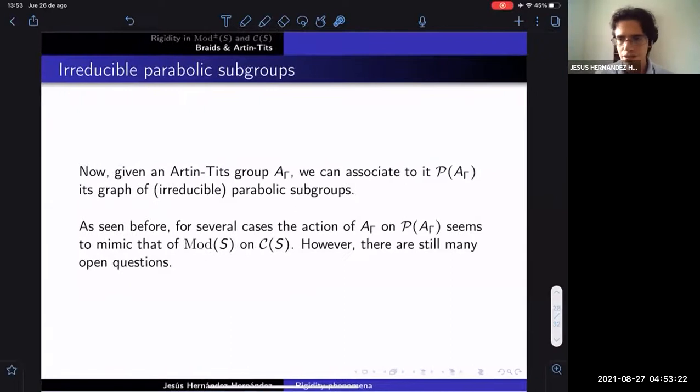With this, I can pull exactly the same definition as for the parabolic subgroup graph, as in the vertices are the irreducible parabolic subgroups and the edges are given by those relations. So in certain cases, as we've seen for the braid groups, the action of the Artin-Tits groups on these graphs mimics the action of the mapping class group on the curve graph. So we can ask ourselves how far this analogy can be pushed.